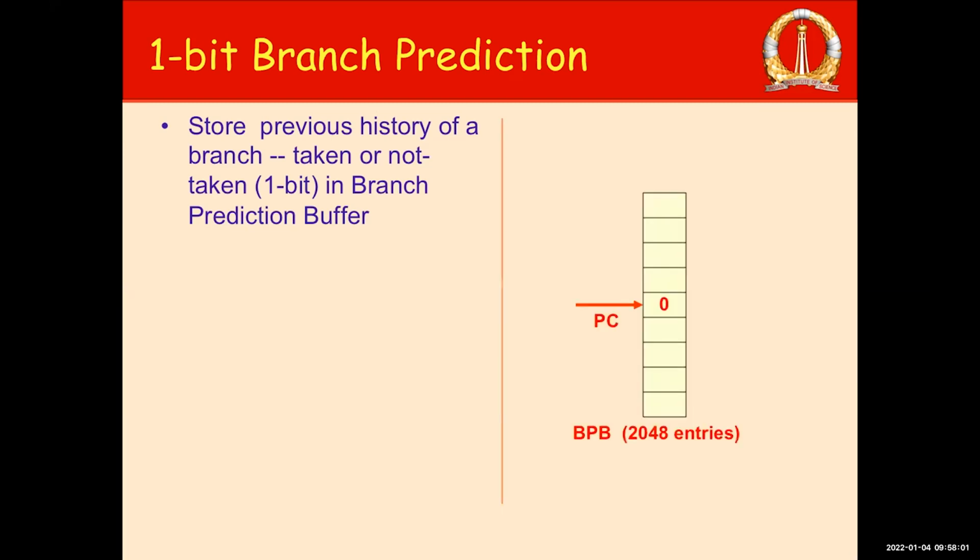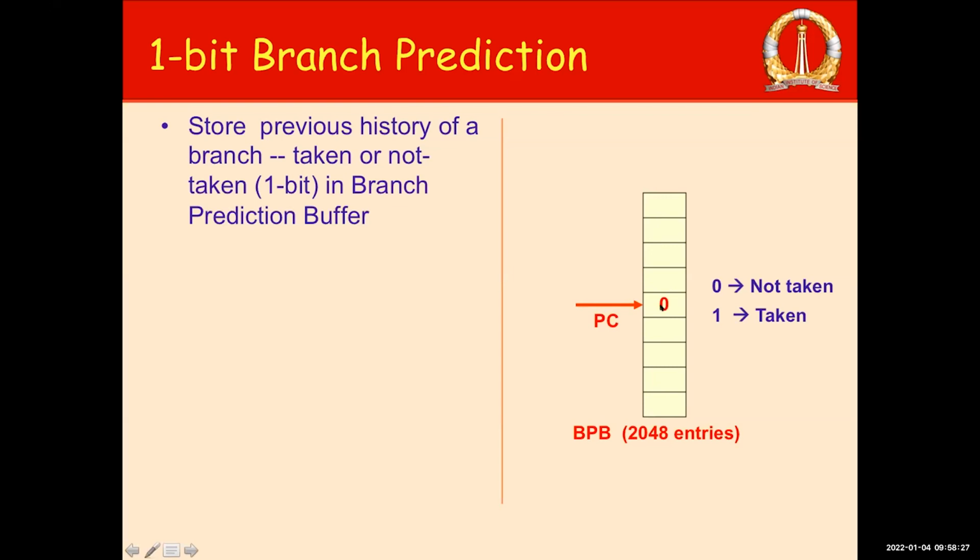Okay, so how does the predictor work? You essentially have a set of entries in a table where each entry corresponds to one static branch instruction, and what happened to that static branch instruction the last time it was executed. For example, let us say there is a branch instruction at program counter location PC, and the last time that branch was executed, it was not taken.